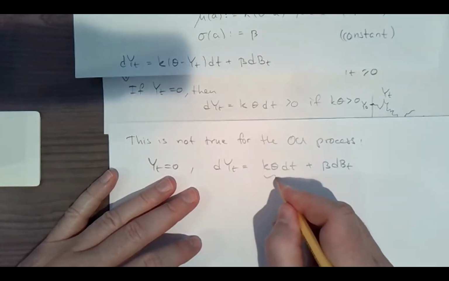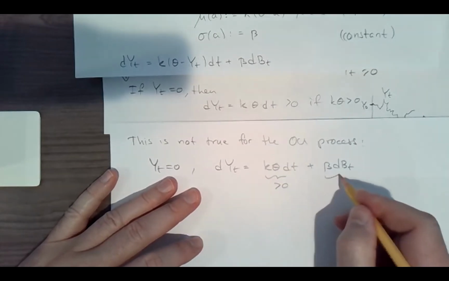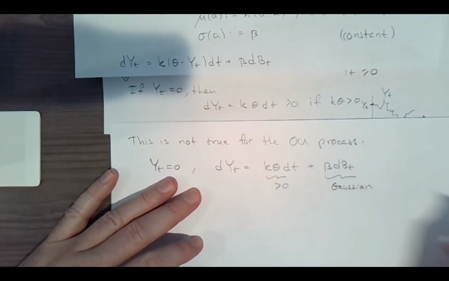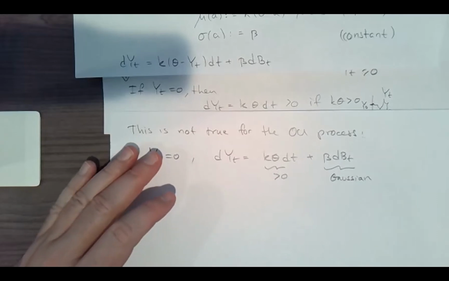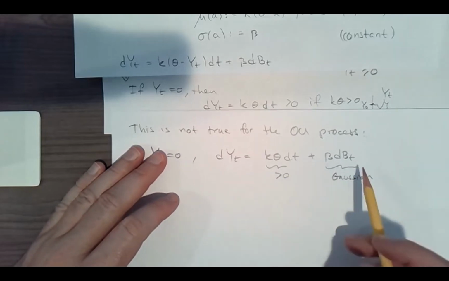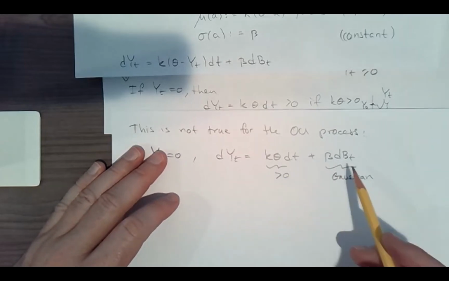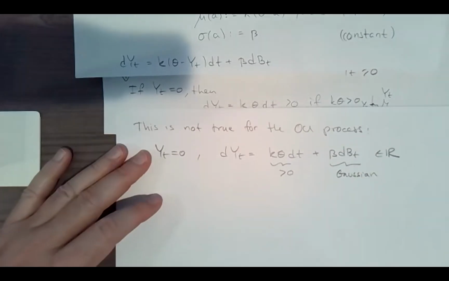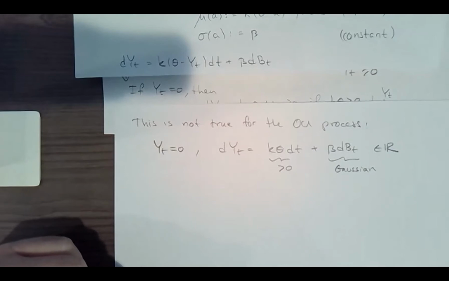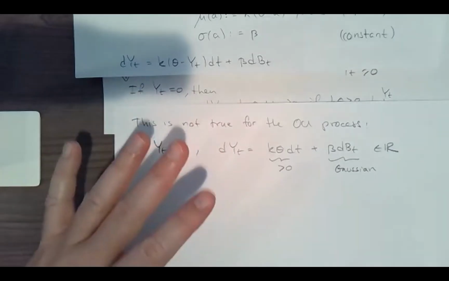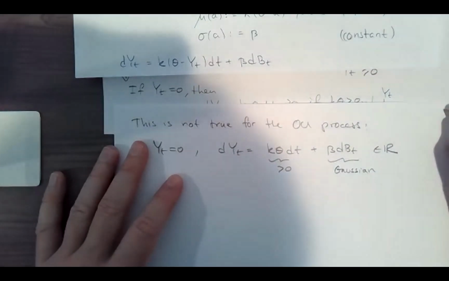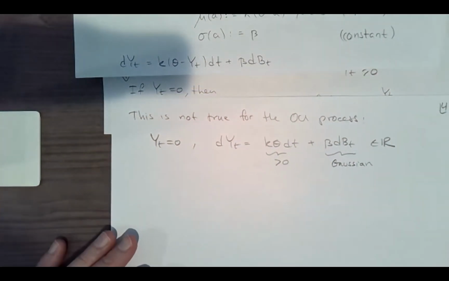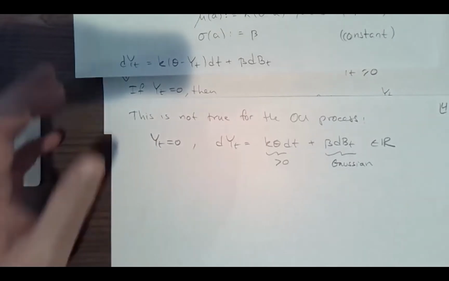This first part could be positive, but this second part is going to be Gaussian, so you have something positive plus something Gaussian. This here can be anything, just something in R. So there's a main difference between the two processes: one of them you can make positive, and the other one not.